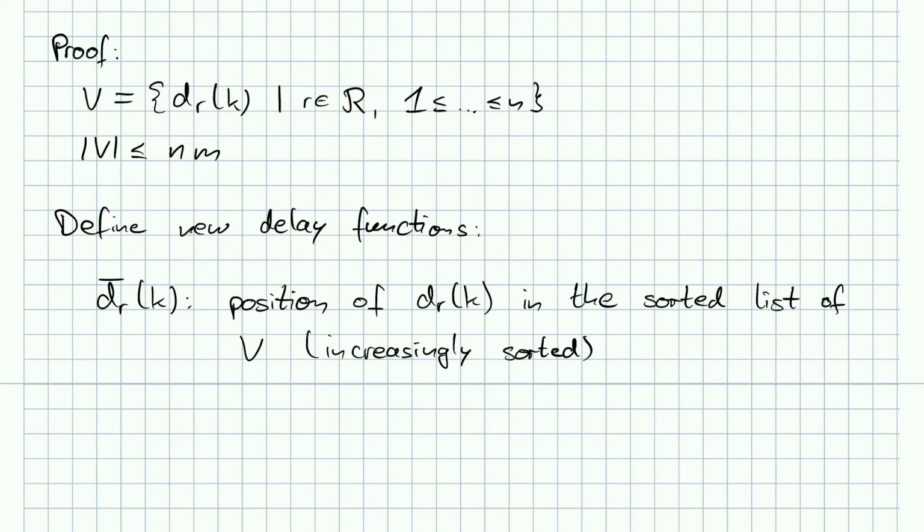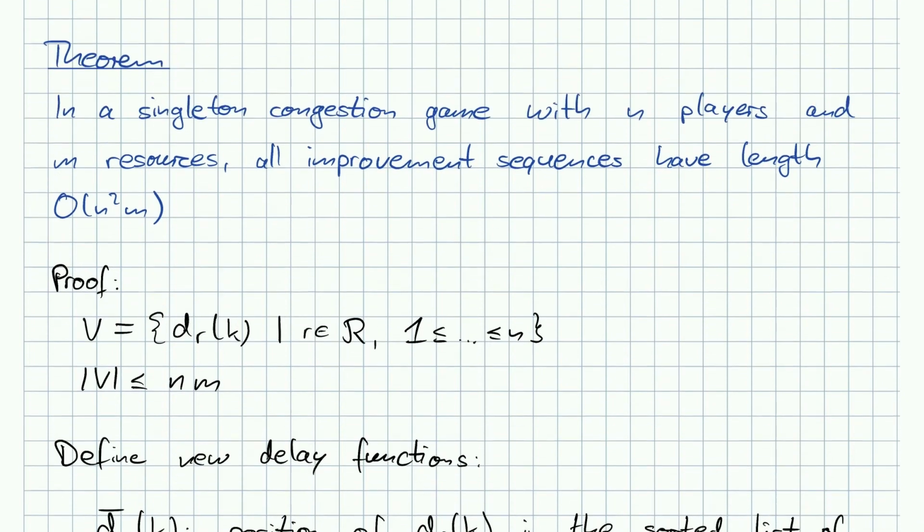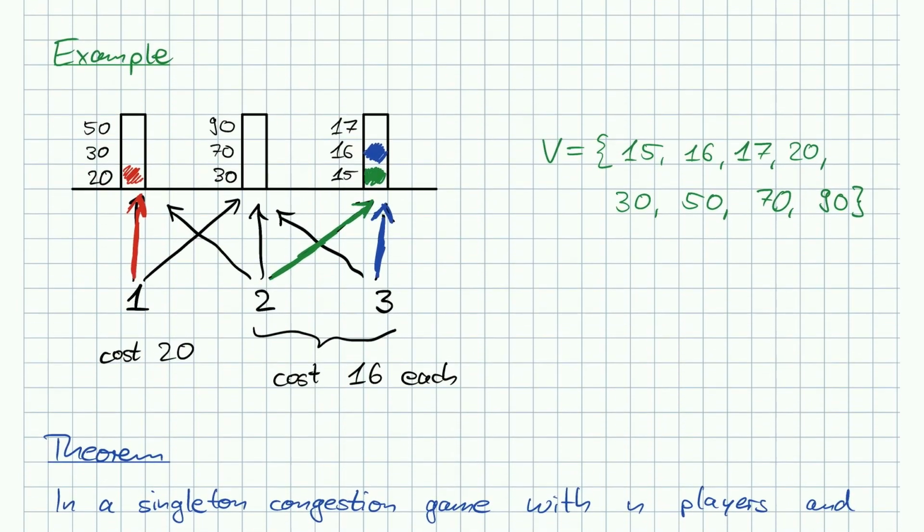Let's go quickly back to our example that we had earlier. Here we see again the V set, the set of all values that we see, and now we do a very simple replacement. How do we do that? Well, whenever we have a 15, that's the smallest value, we now write 1 instead.